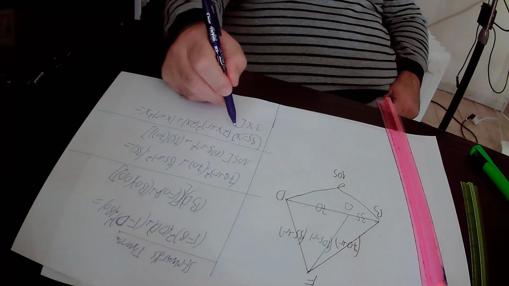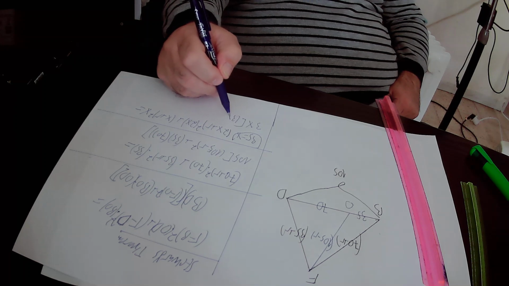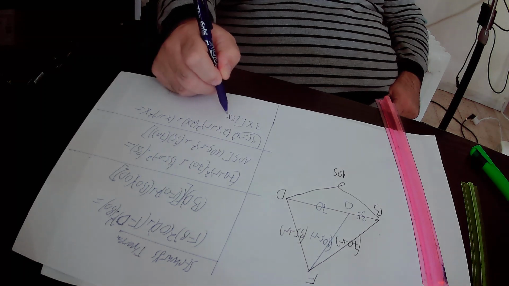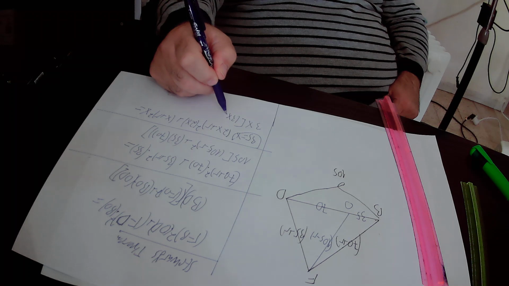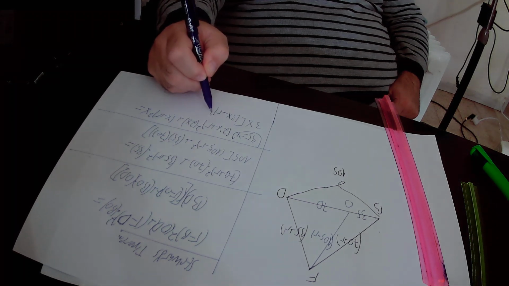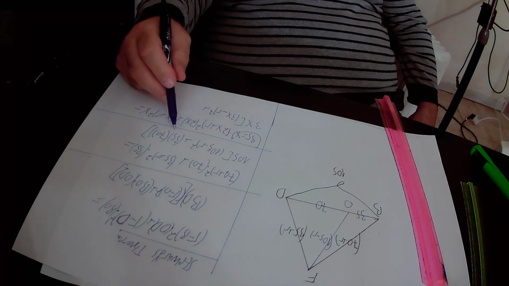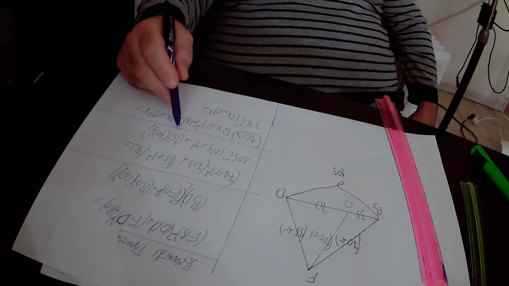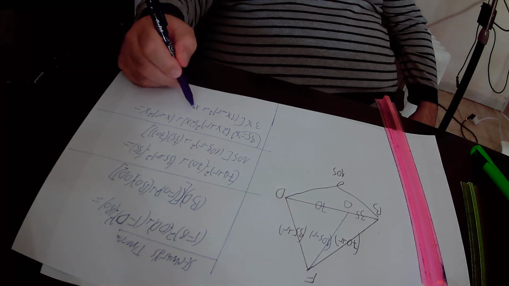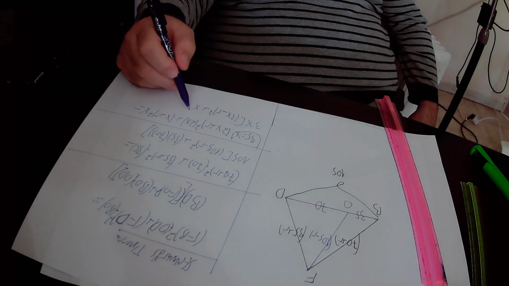Inside the brackets we have again 105, this is actually 3x, minus R squared, plus 35 is x, so substitute 35 by x, and 70 is 2 times 35, that is 2x, so substitute 70 by 2x.